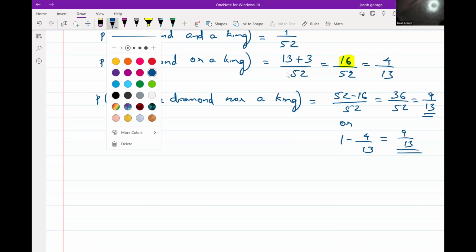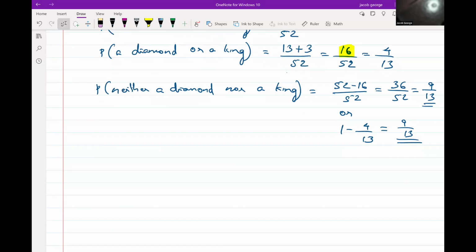Given P of A is equal to 3 by 5 and P of B is equal to 1 by 5.